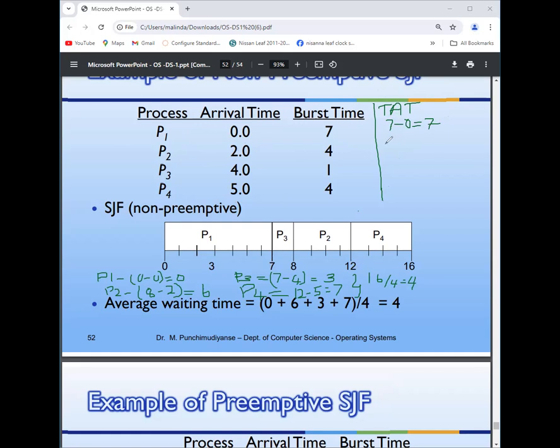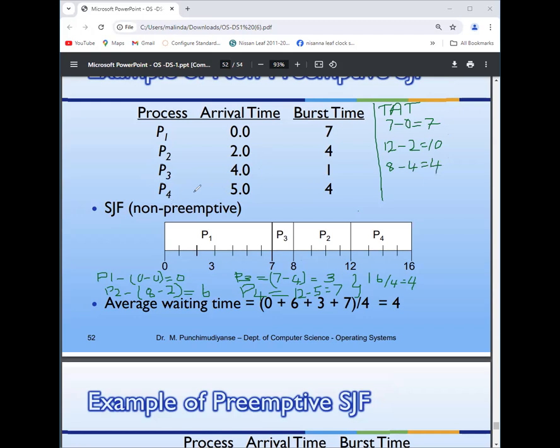So the P2's turnaround time is 12 minus 2, which is 10. And for the P3, arrived at time 4, went out at time 8. So 8 minus 4 is 4.